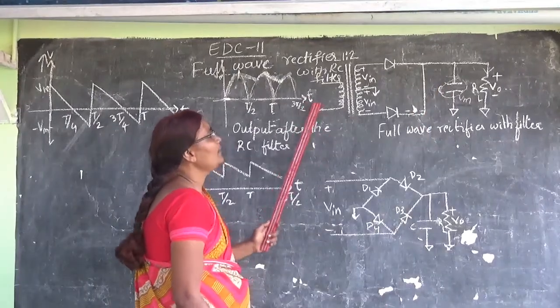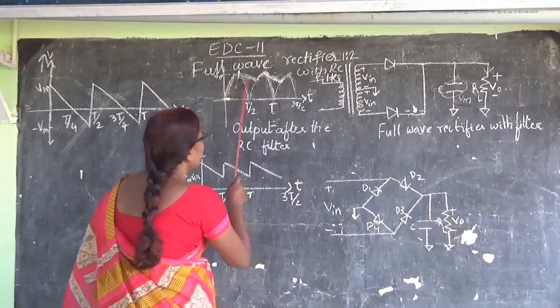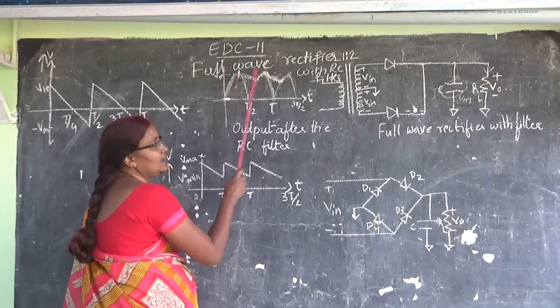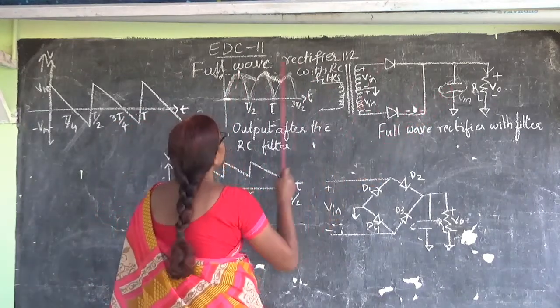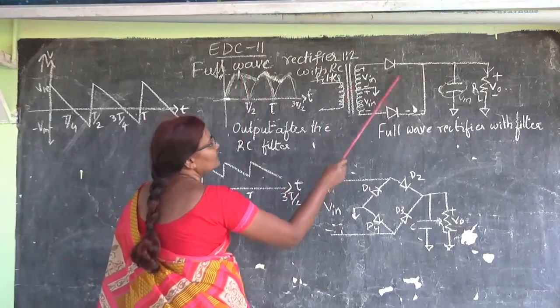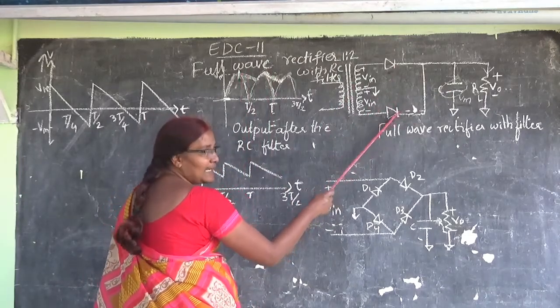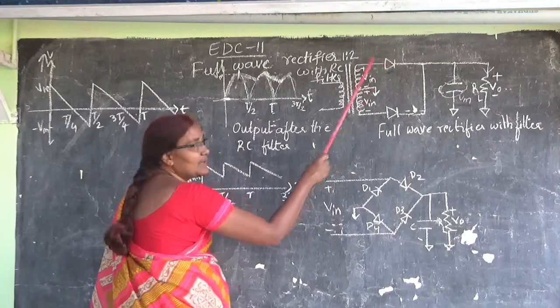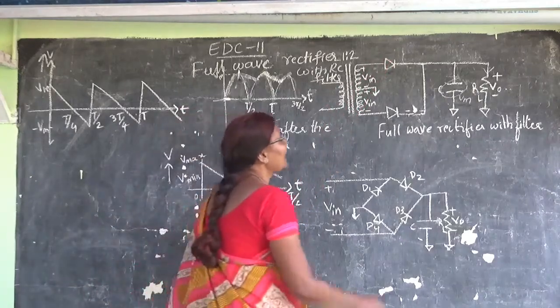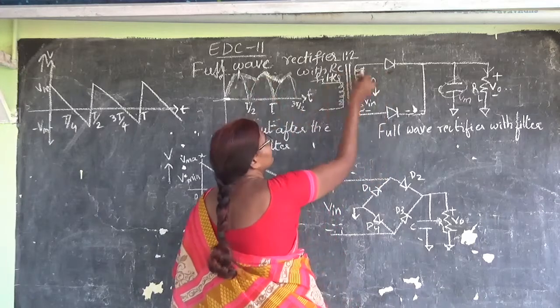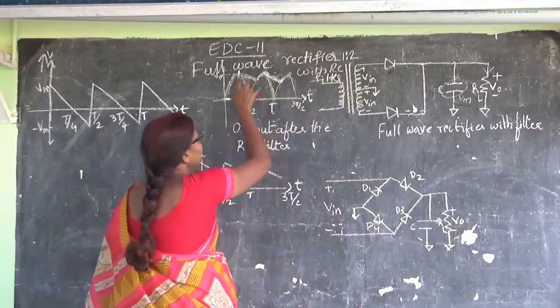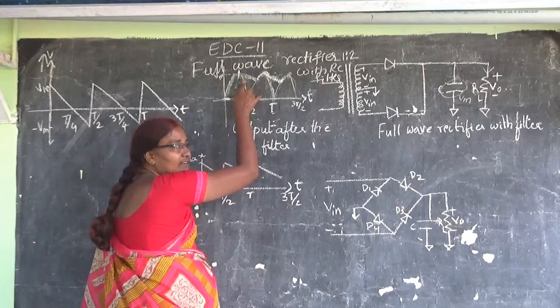So during the positive half cycle up to this peak, the capacitor will be charged, and after this Vm, both the diodes will be reverse biased. Why? Because Vm will be maximum and the voltages after Vm will be less than Vm only.